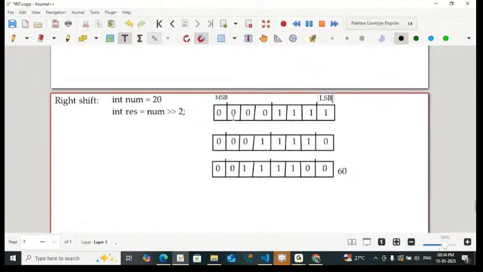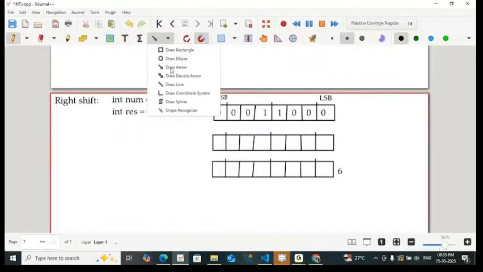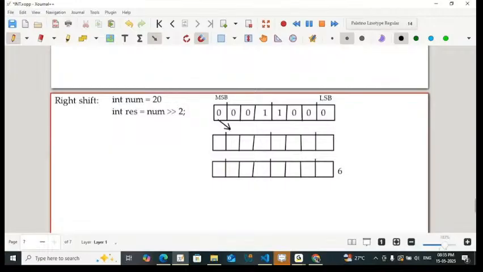So I should represent 20 in binary. This is 20 in binary. I have to perform the right shift, so all of the bits should be shifted to the right a certain number of times. When I'm performing the right shift, the bits shift to the right, the LSB bit is lost, and the MSB bit is empty, so you fill the MSB with 0.